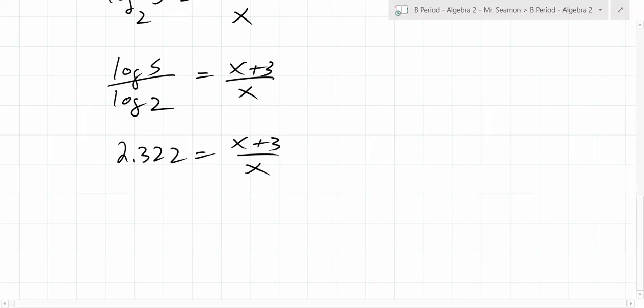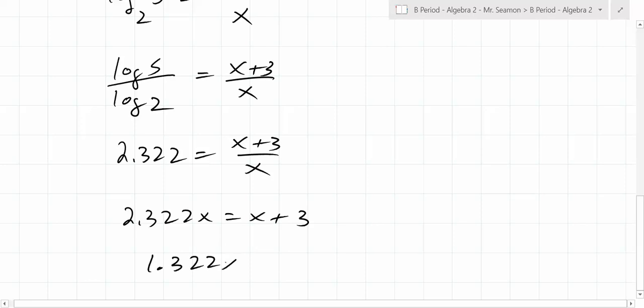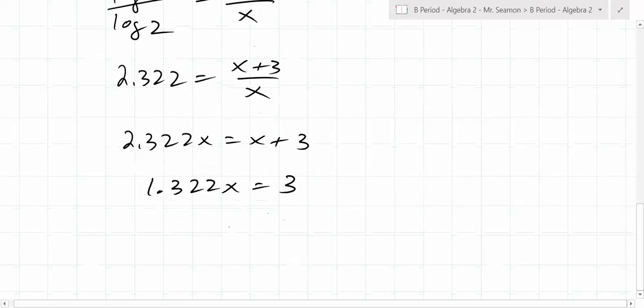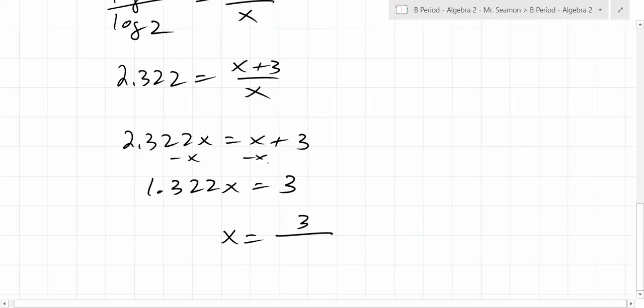How do you solve that? So you have 2.322x is equal to x plus 3, right? So you have 1.322x is equal to 3. So what does x equal? I subtracted x from both sides to get this. All I did was subtract x from both sides.